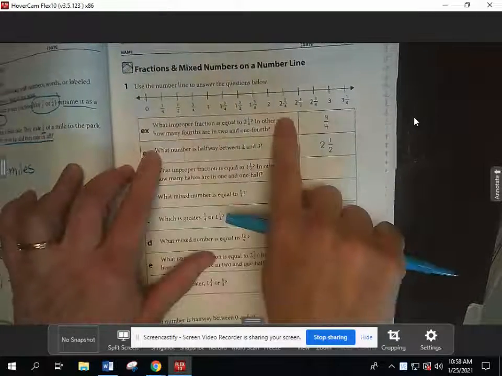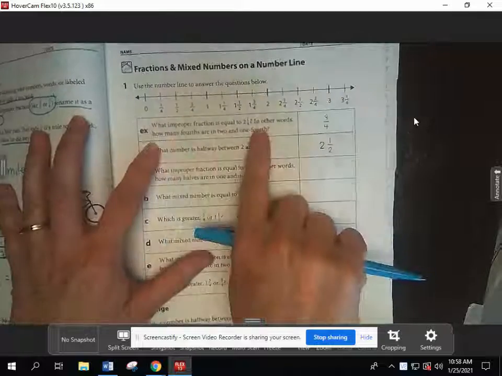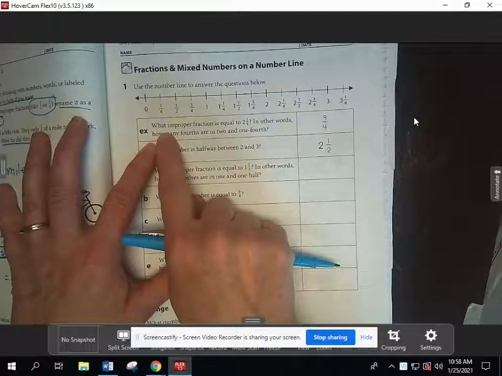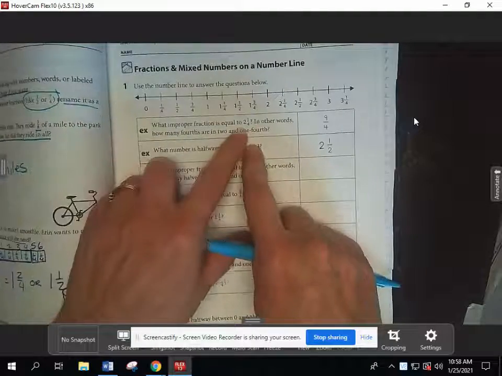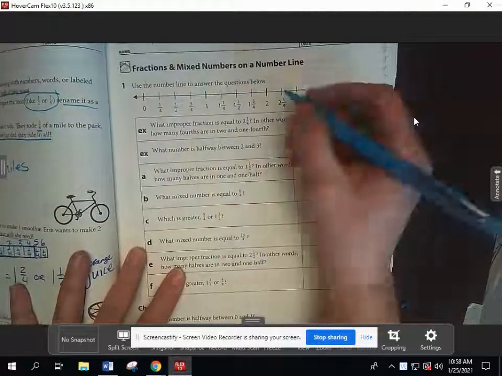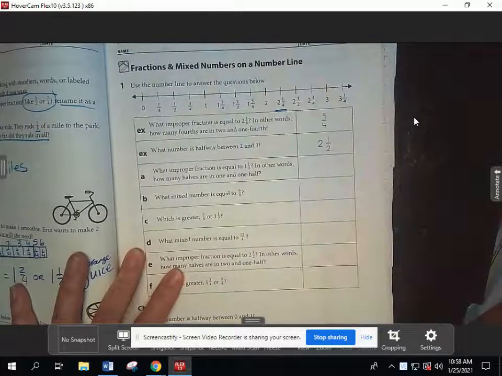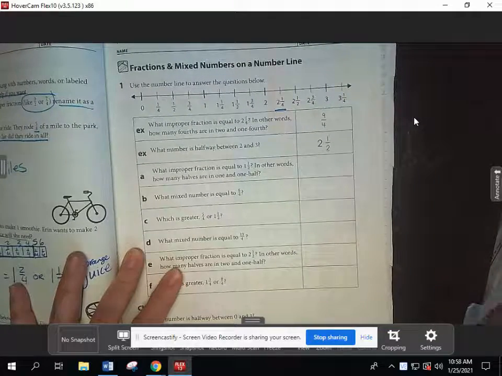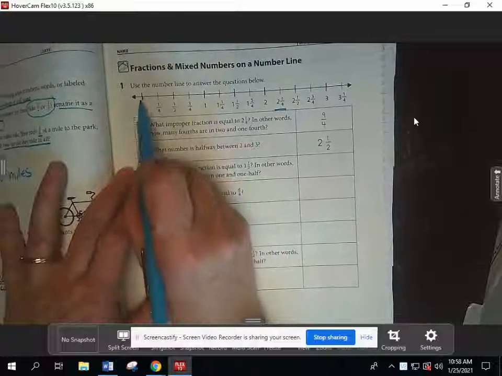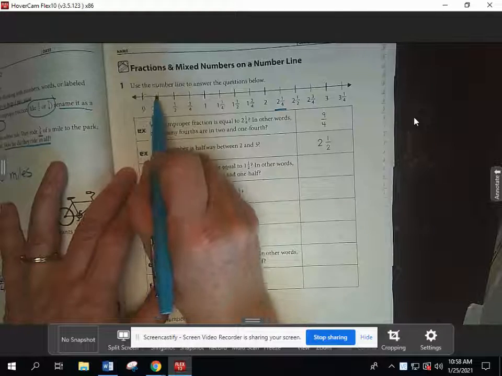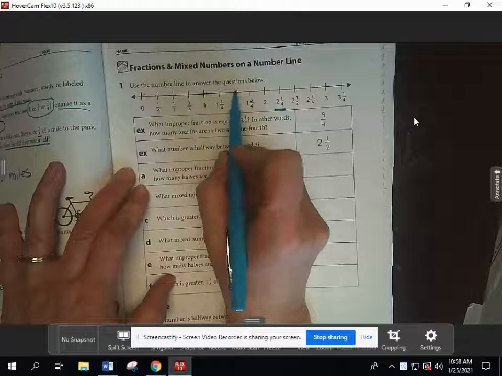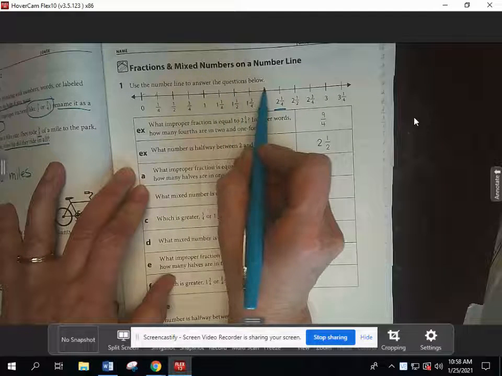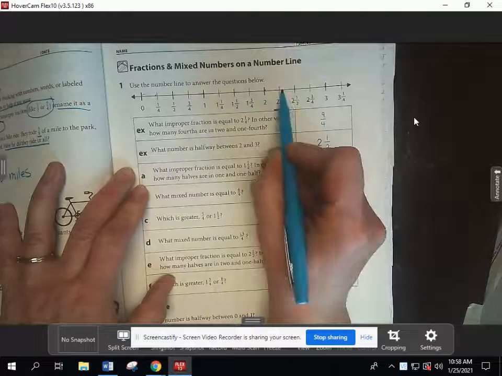So it gave us some things here to consider. And it says here, what improper fraction is equal to 2 1/4? So we can look at 2 1/4 and we can count by fourths. Are we ready? Okay, so 1/4, 2/4, 3/4, 4/4, 5/4, 6/4, 7/4, 8/4, 9/4.